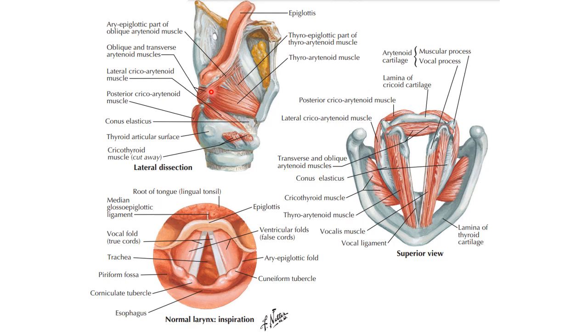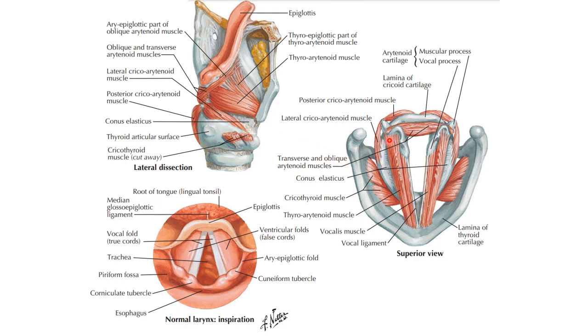Okay, you also have here the lateral cricoarytenoid muscle which will connect the superolateral aspect of the cricoid cartilage with the muscular process of the arytenoid.